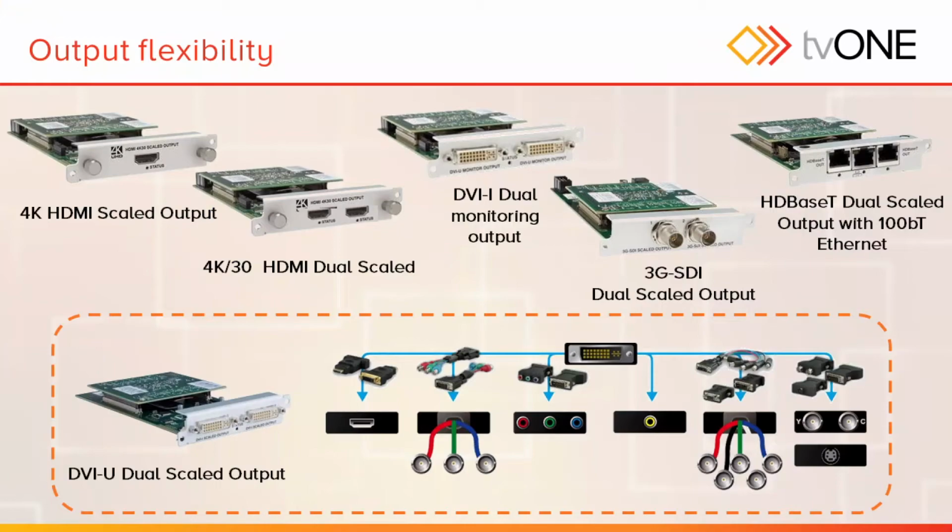We'll talk about that in a future video as well. Then we have a 3Gig SDI output, HDBaseT. So if you do want to go to a disparate format on the output, say you wanted to go back to VGA, you can do that by adding an adapter. But you can see there are adapters for HDMI, RGB, composite video, and YC and S-video as well.